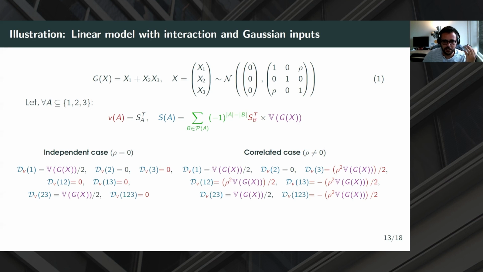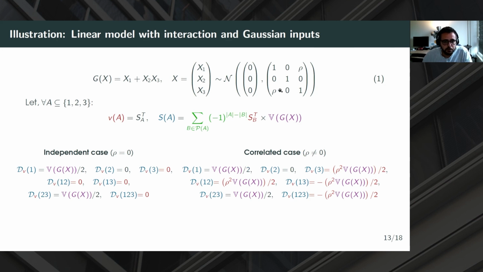But there are some problems with doing that, in the sense that one of the main issues in importance quantification, especially whenever the inputs are dependent, is being able to quantify what is due to interaction, meaning functionally, by the model, and what is due to the correlation, the stochastic nature between the inputs.